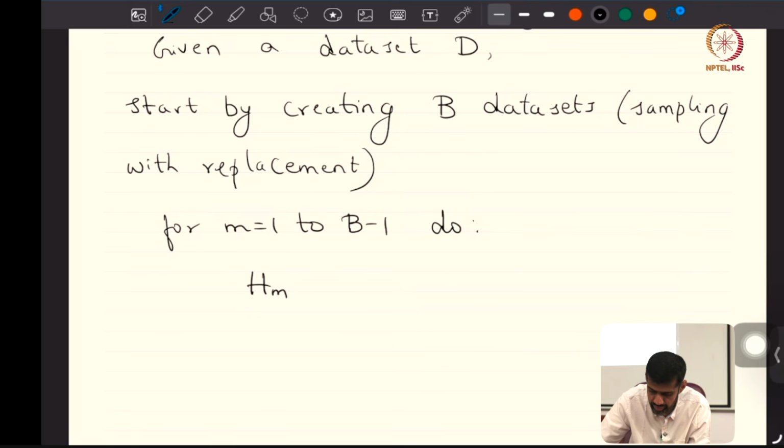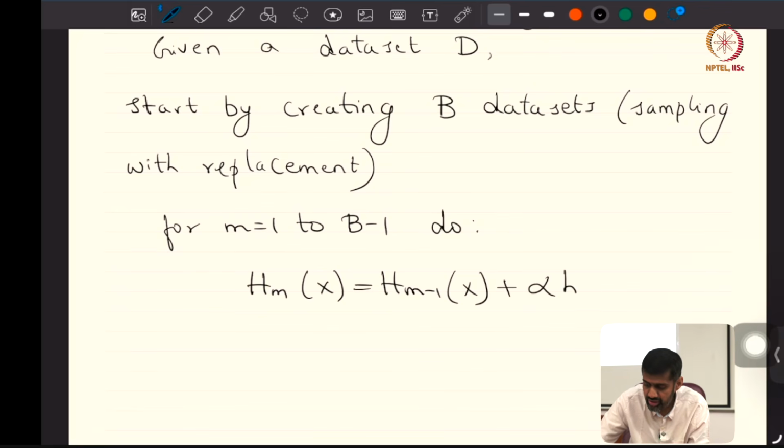Hm of x is equal to hm minus 1 of x plus some alpha times hm of x. Please note that in naive gradient boosting, alpha is a hyperparameter. We do not optimize over alpha. But in the next algorithm that we will look at, which is AdaBoost, we will optimize over alpha as well, and we will find out what the optimal alpha is.